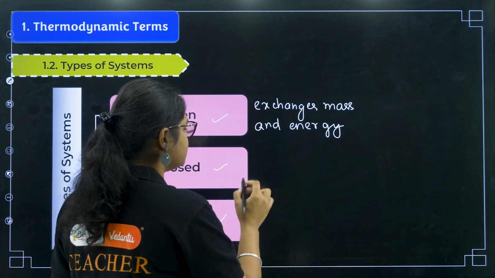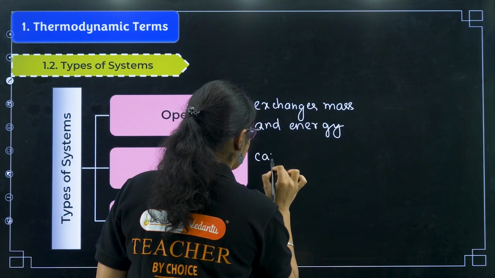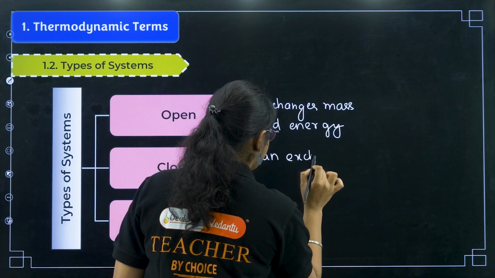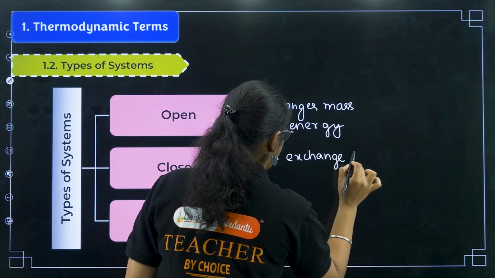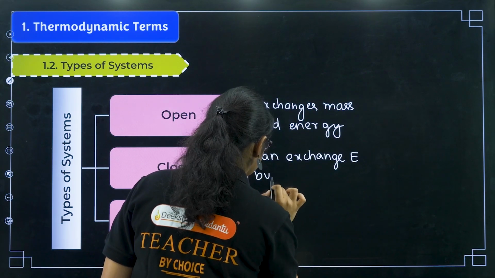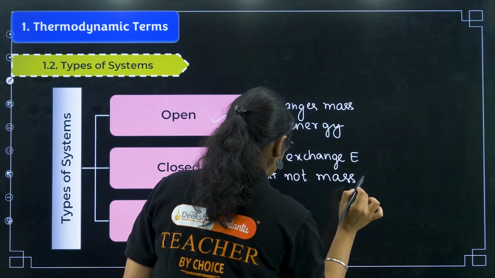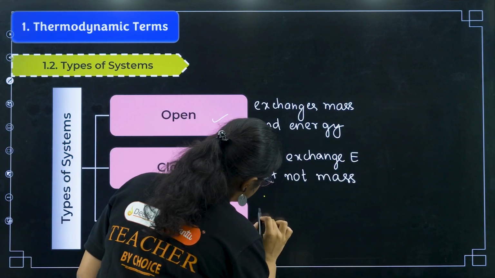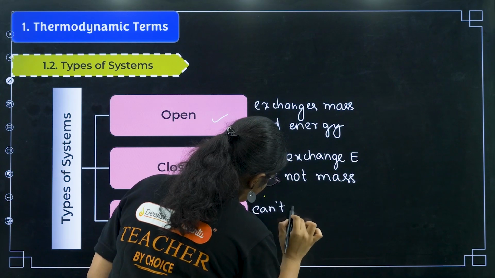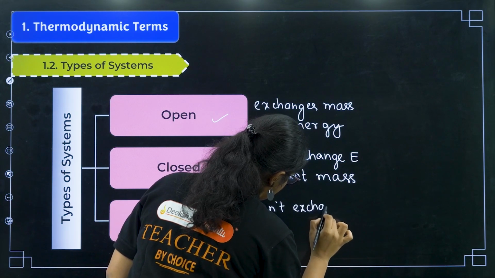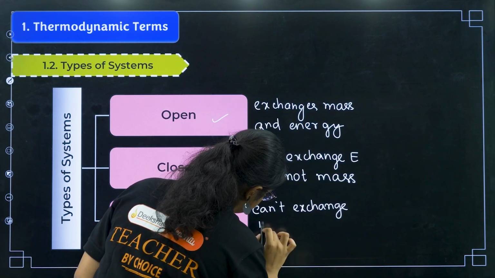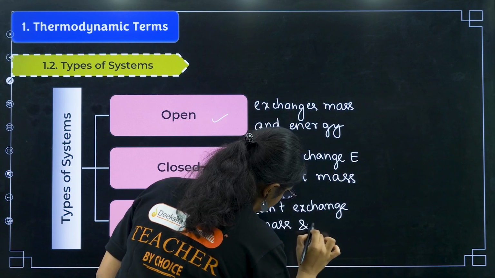Closed system means you can exchange energy but not mass. I'll give you examples of all 3, it will be clear. And isolated system means you cannot exchange mass and energy.